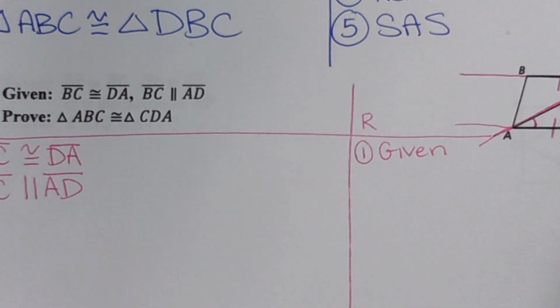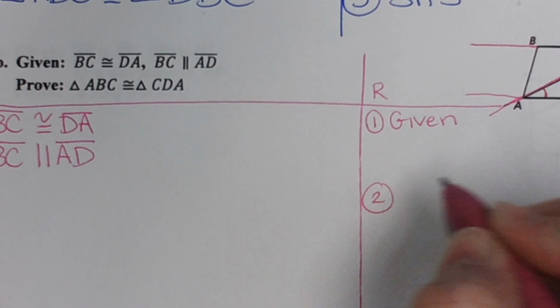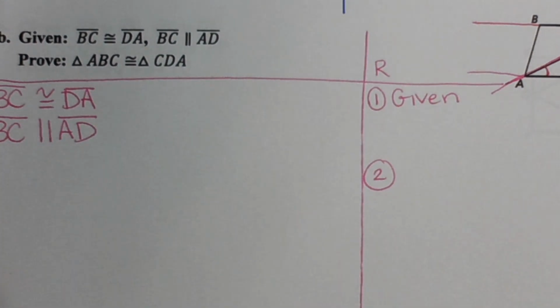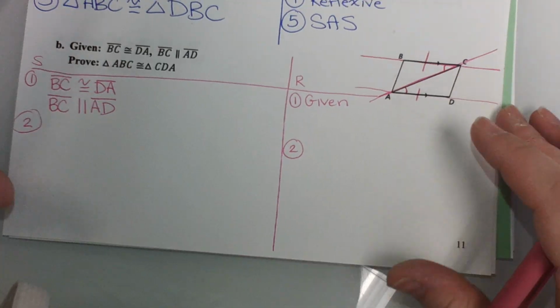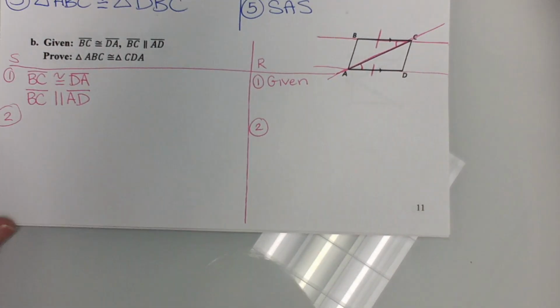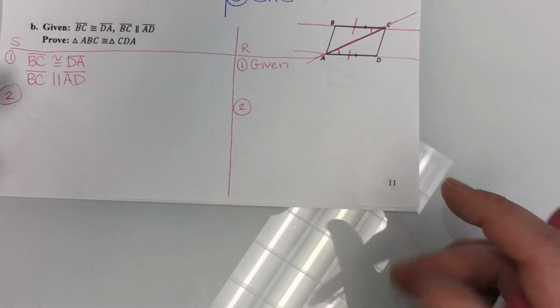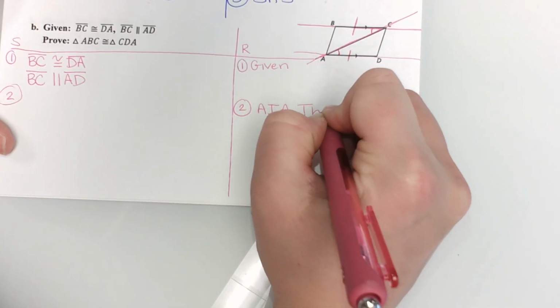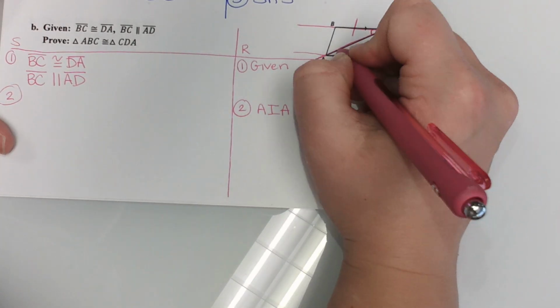AIA. Now, our green sheet tells us that AIA angles, while they might be equal, are also congruent. So in my proof, I want congruent symbols. So, AIA is a theorem, and I want this angle and this angle.